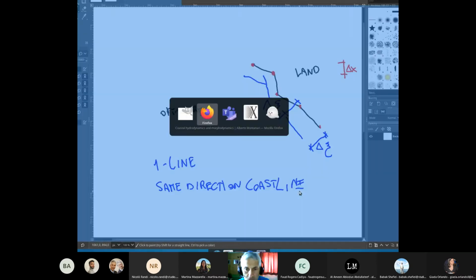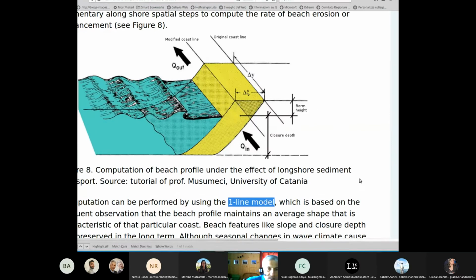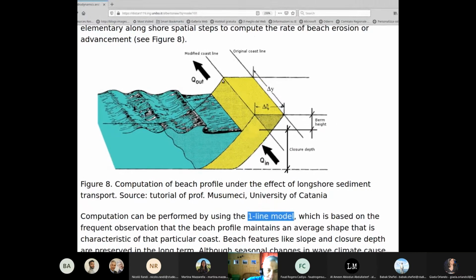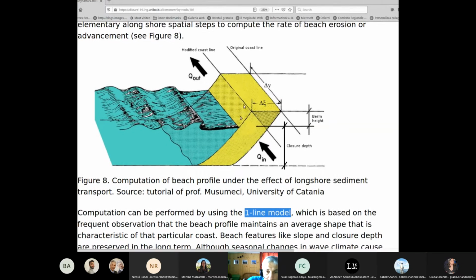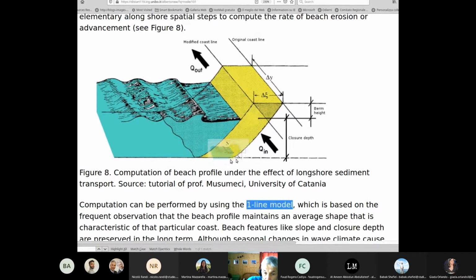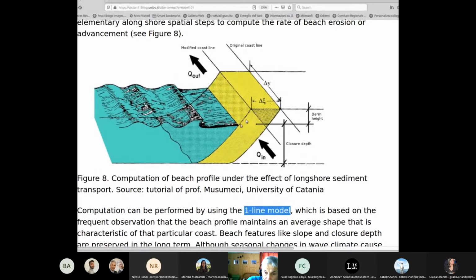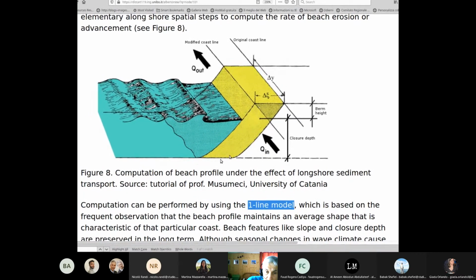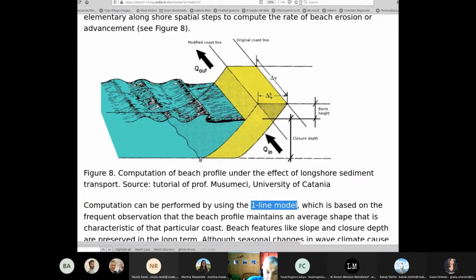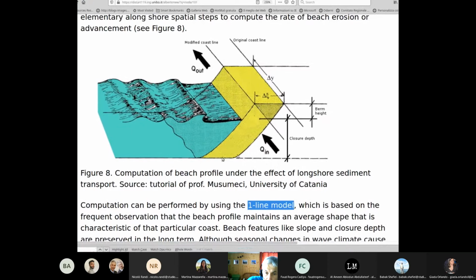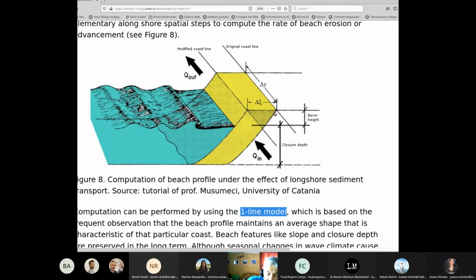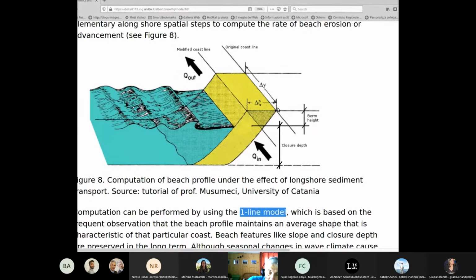So let's go back to the sketch that is on the website. Once you work under this assumption, and once you also keep the slope of the beach unchanged, you have completely defined the geometry of this yellow volume, because you keep again the direction of the coastline unchanged, and this is an implication of the one-line assumption.